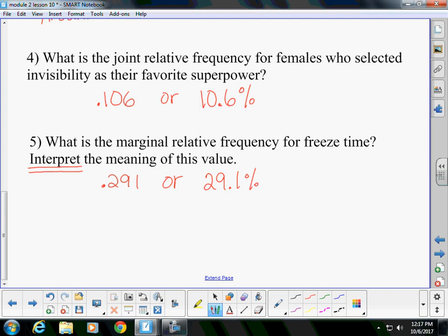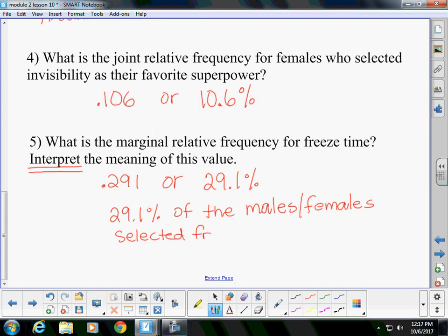Thanks. Okay, so interpreting the meaning of that, what that means is that 29% of the males and females selected freeze time as their favorite superpower.